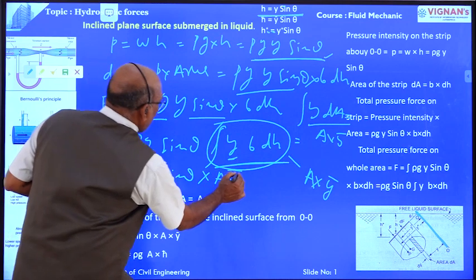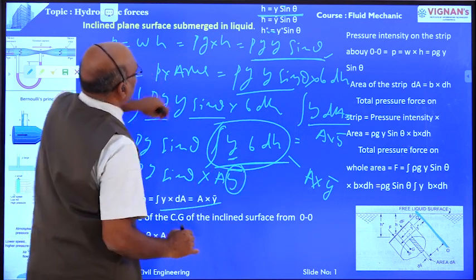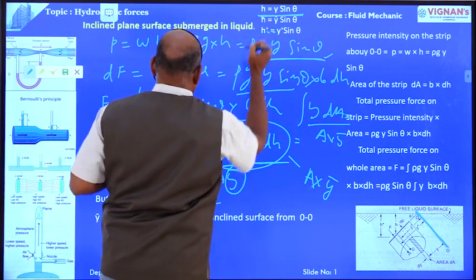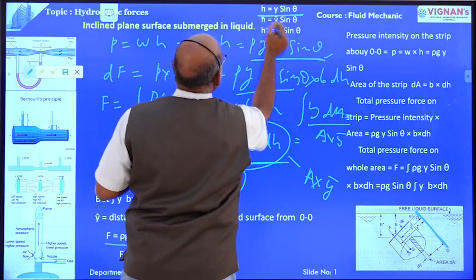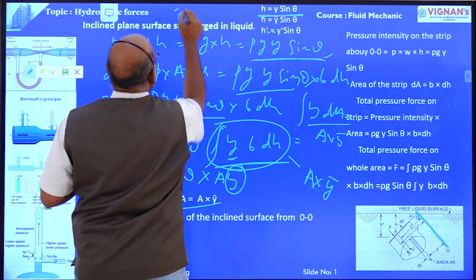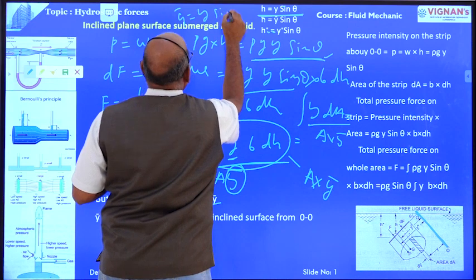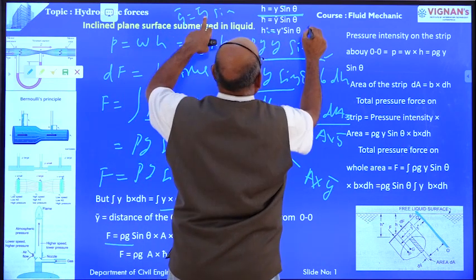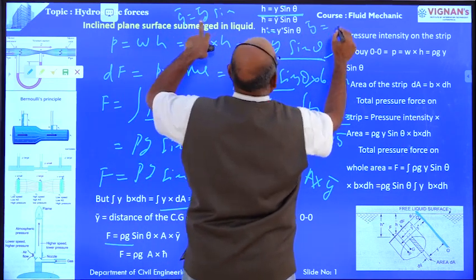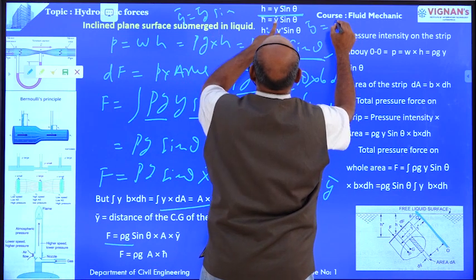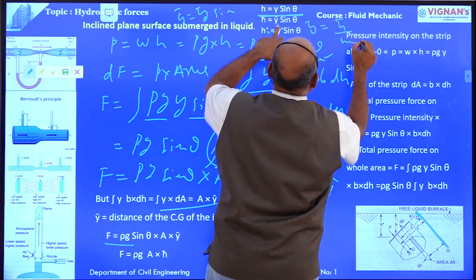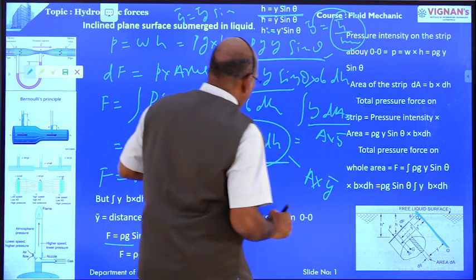But here y bar is also nothing but, already I have given, h bar is equal to y bar sin theta. Y bar is equal to h bar divided by sin theta.